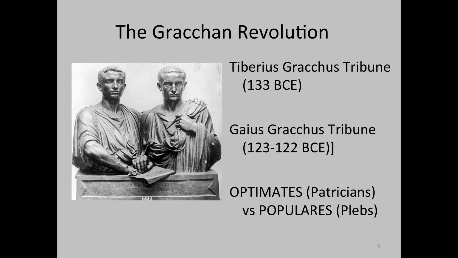He skipped the senators. And of course, the law passes through immediately. So it passed the plebeian assembly, and of course, the veterans flood into Rome and pressure the People's Assembly to vote for it.